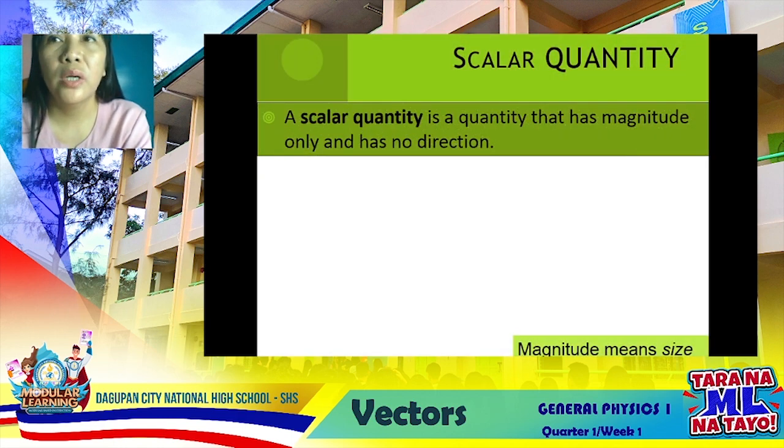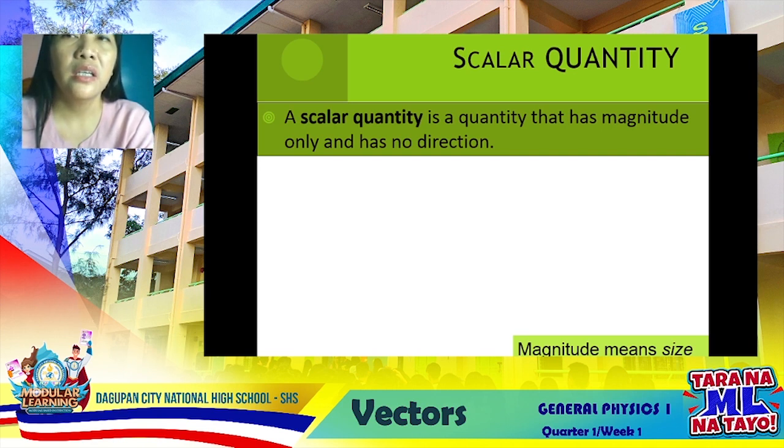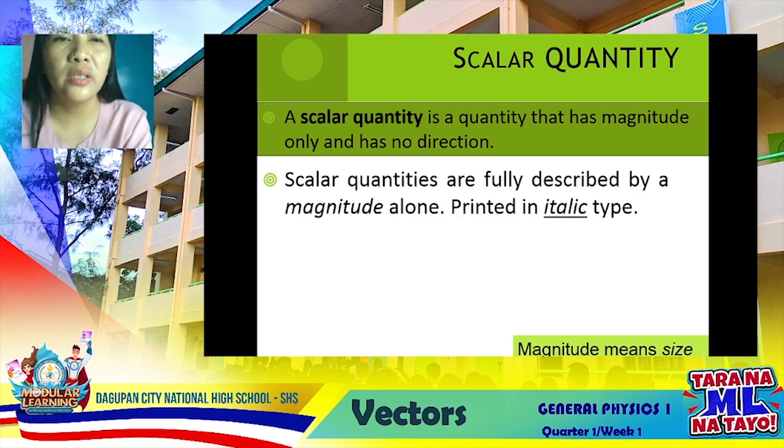Some physical quantities such as time, temperature, mass, and density can be described completely by a single number with a unit. When a physical quantity is described by a single number, we call it a scalar quantity. A scalar quantity is a quantity that has magnitude only and has no direction. Scalar quantities are fully described by magnitude alone.